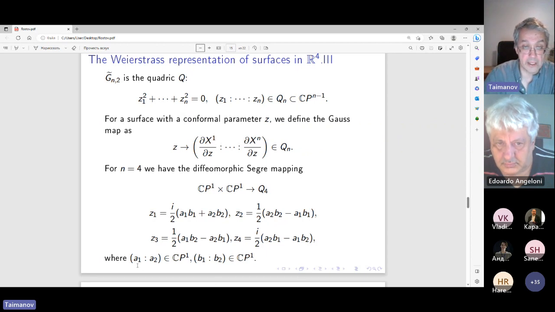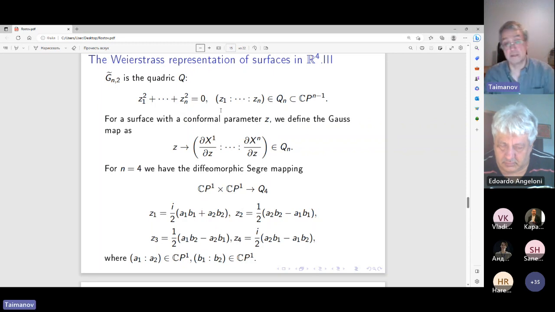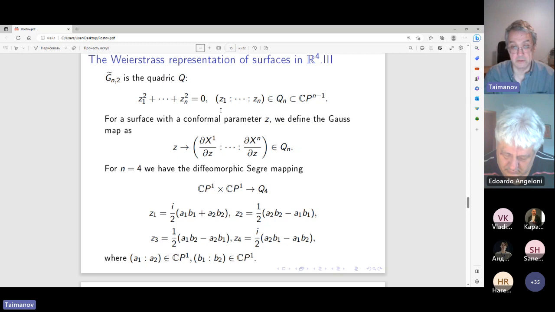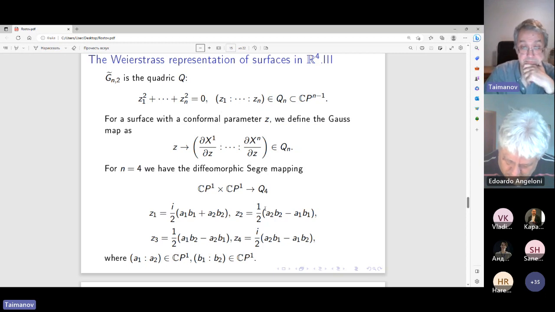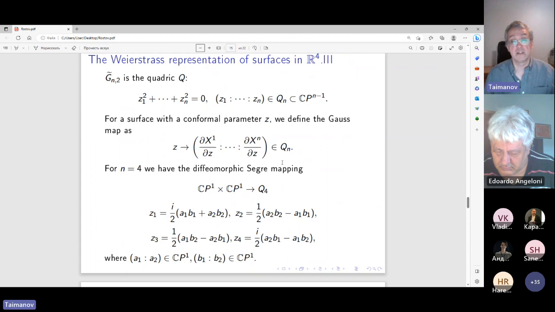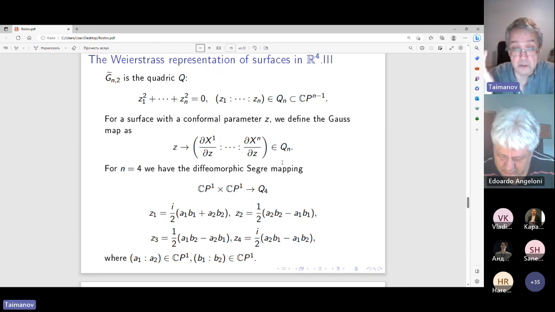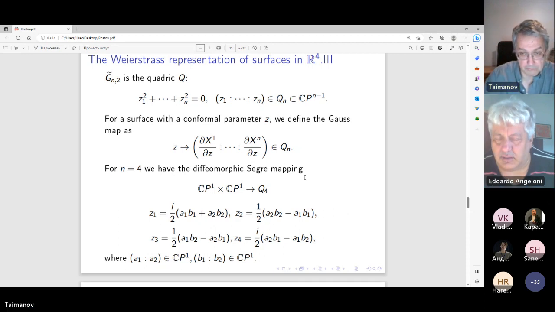When you take any A1, A2 and any B1, B2, two points on the two complex projective lines, and substitute them into this formula, you get a point of the quadric. The converse is also correct: for any point of this quadric, we can construct two points. So this quadric Q4 is holomorphically equivalent to the product of two projective lines.